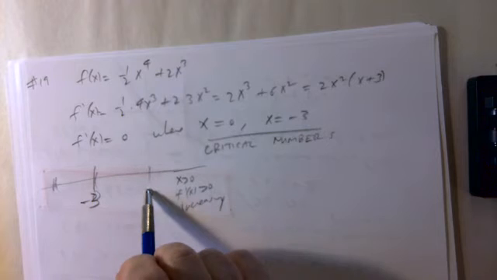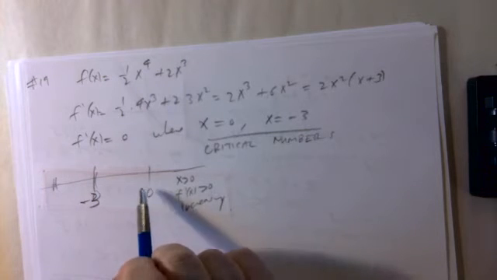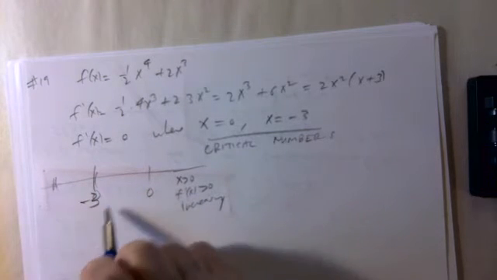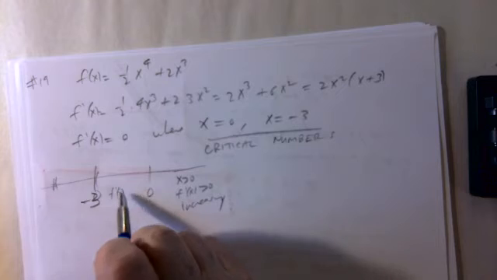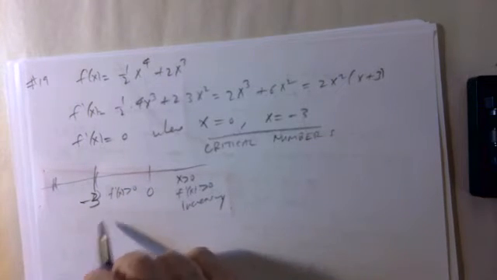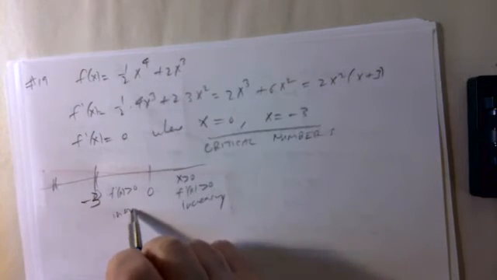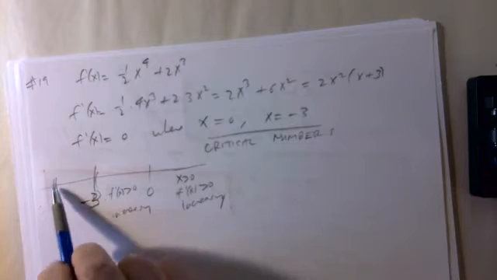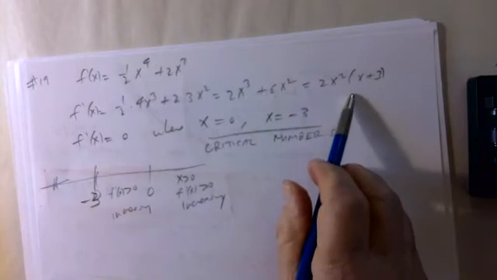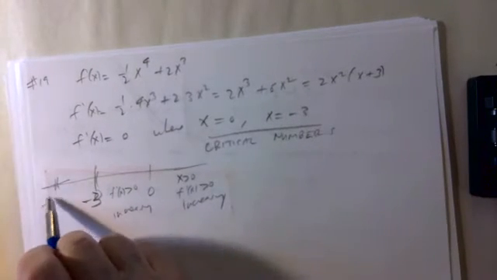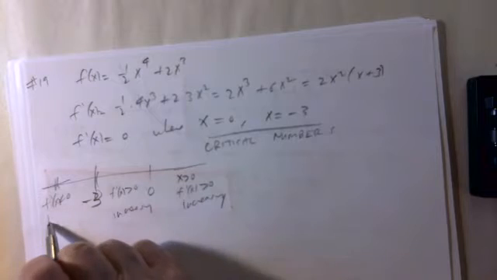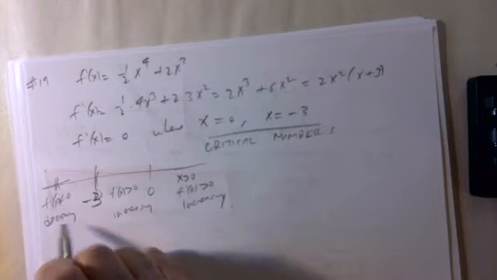When x is between minus 3 and 0, the derivative is also positive and the function is increasing. When x is less than minus 3, the derivative is negative and the function is decreasing.